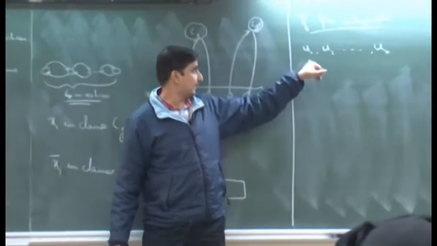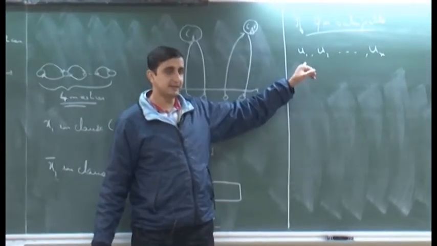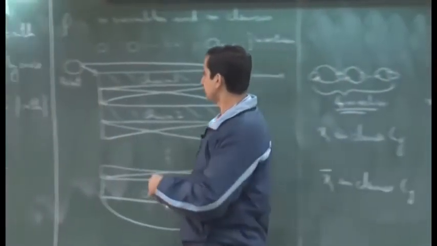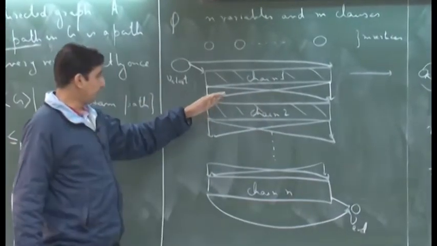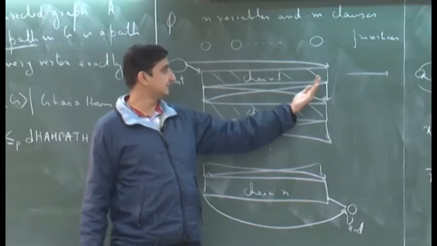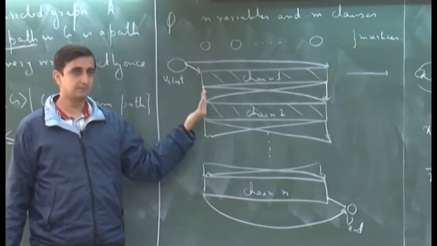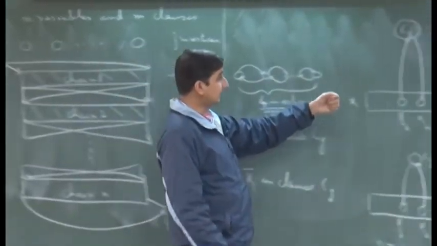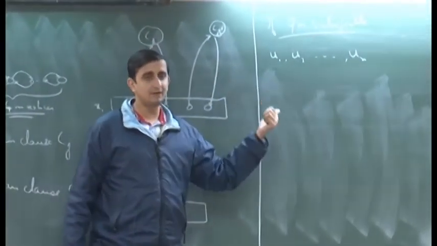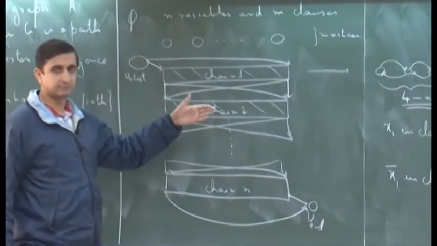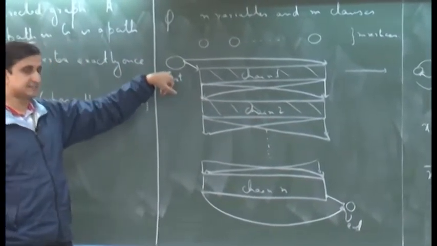If a variable x I gets a value 0, we will think of traversing the chain from right to left for that variable, and if a variable gets a value 1, we will think of traversing that chain from left to right. Okay. So, we start at V start.